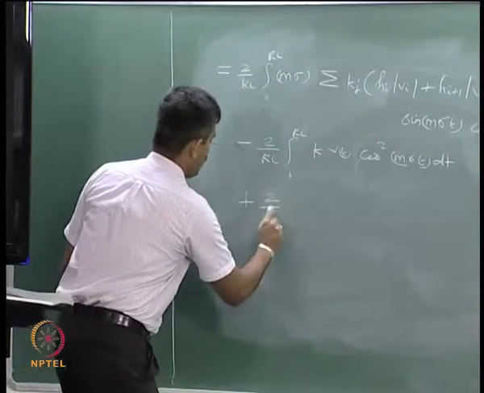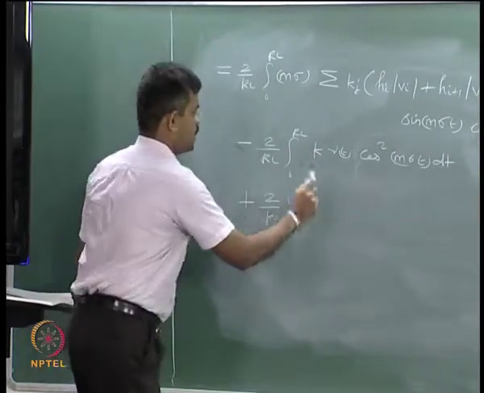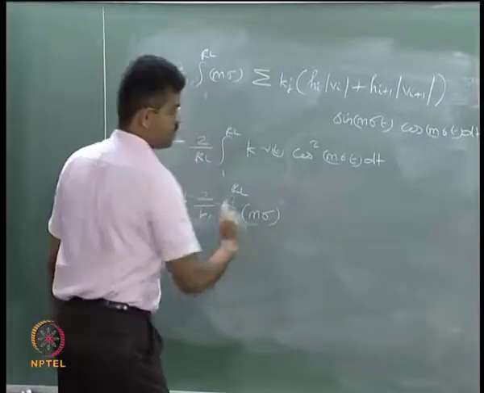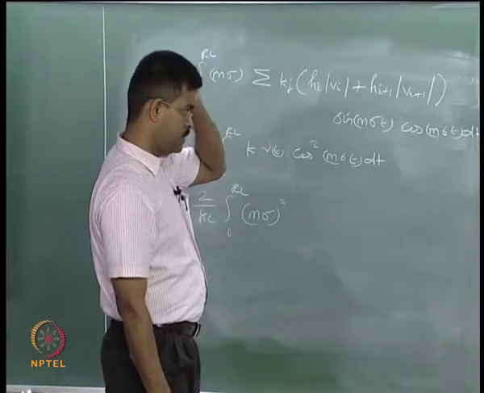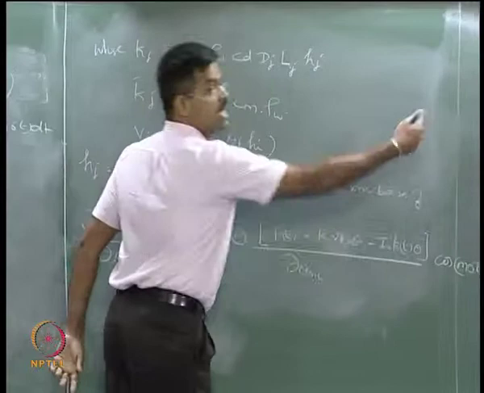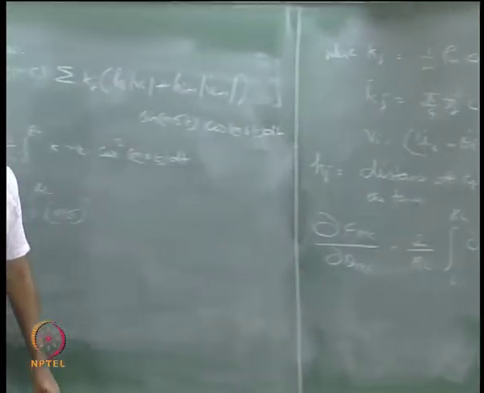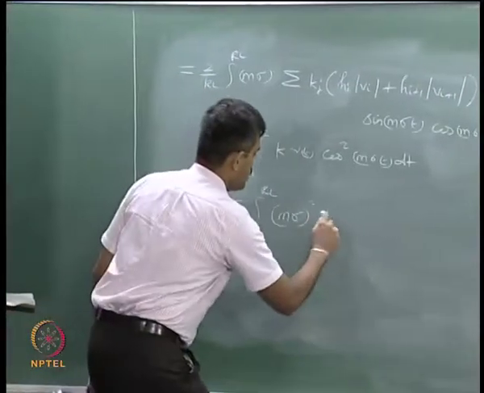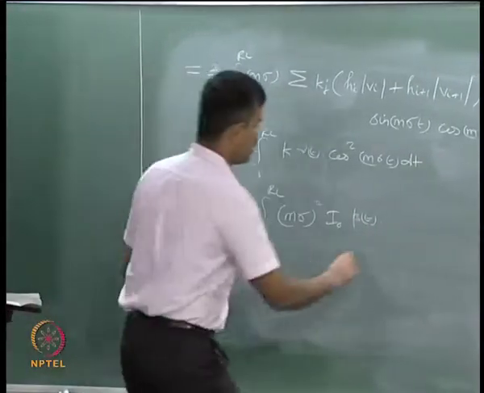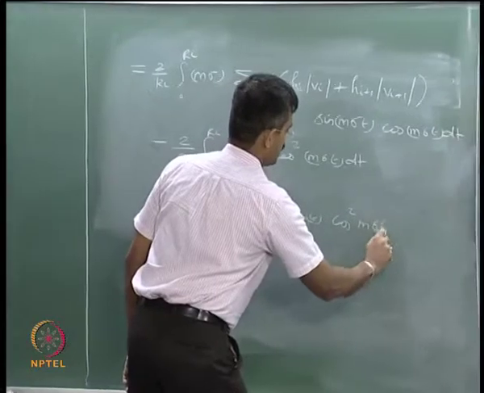2 by record length of the integral from 0 to record length of m sigma the whole square, because this has the m sigma multiplier, this is the double derivative of that, m sigma the whole square I naught beta of t cos square m sigma t dt.